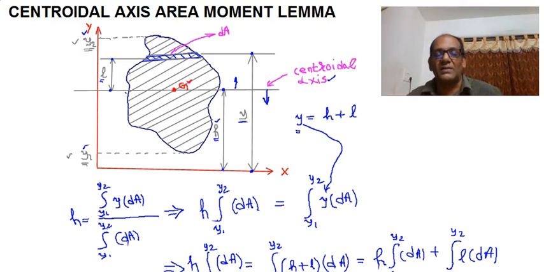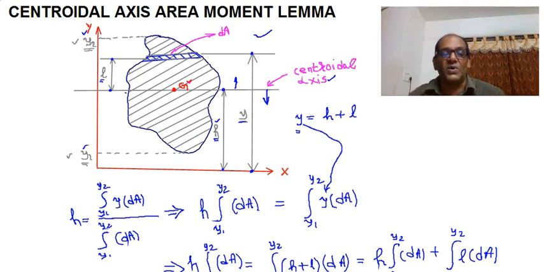In all other cases and the general case such as the one shown over here, the sum of moments of all areas above the centroidal axis is equal to the magnitude of the sum of moments of all areas below the centroidal axis.